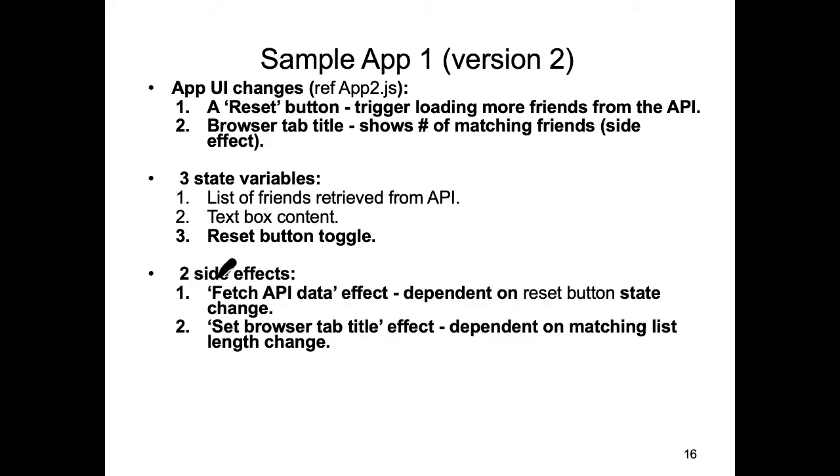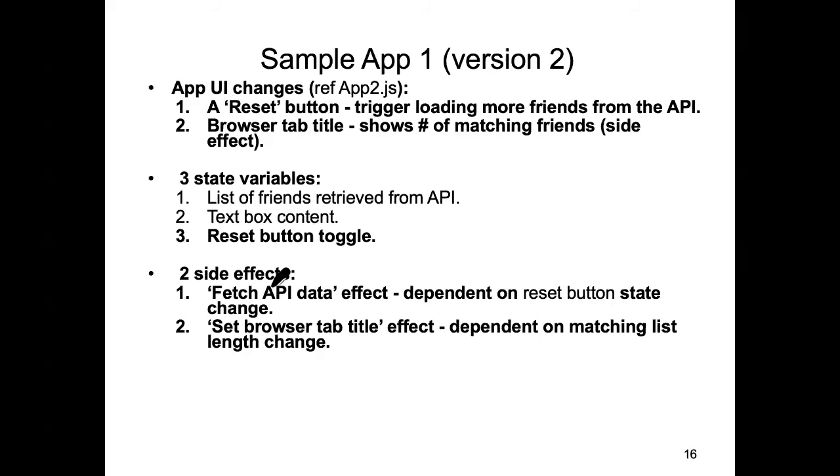From a side effects point of view, this version 2 is going to have 2 effects. The one that we're already familiar with is making the API call, although we now are going to make an API call when the app mounts initially, and also when the user clicks the reset button.